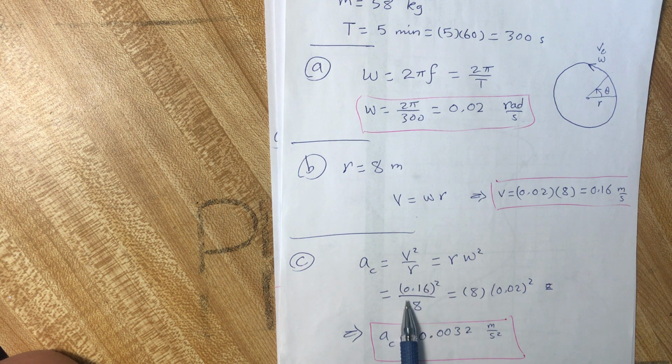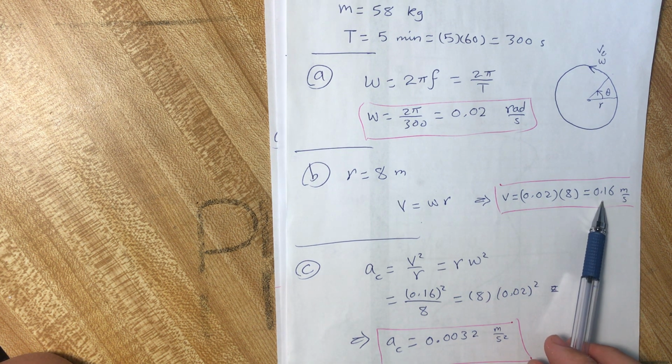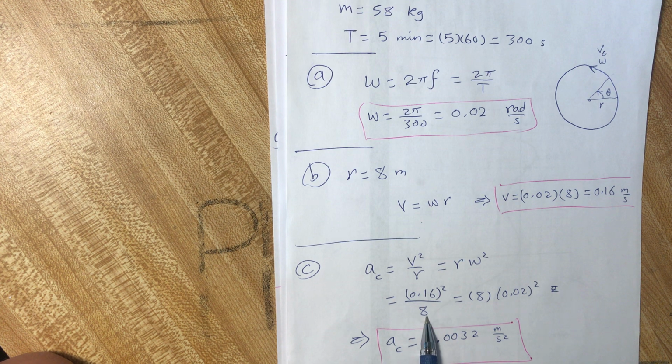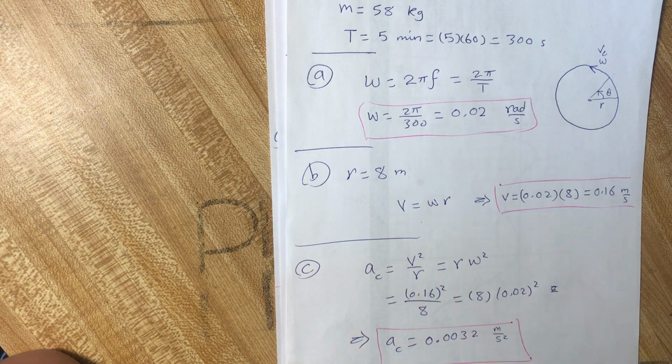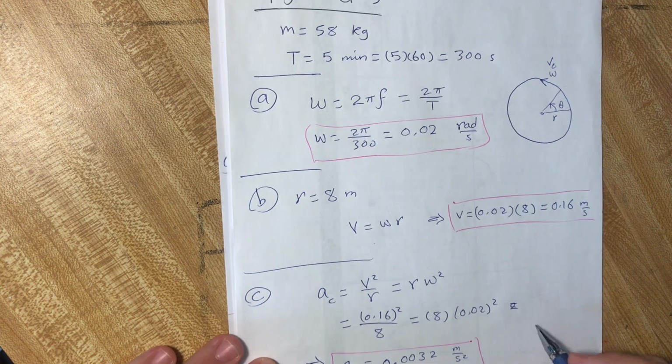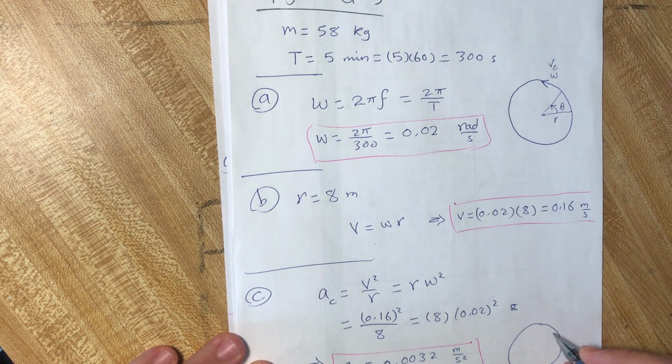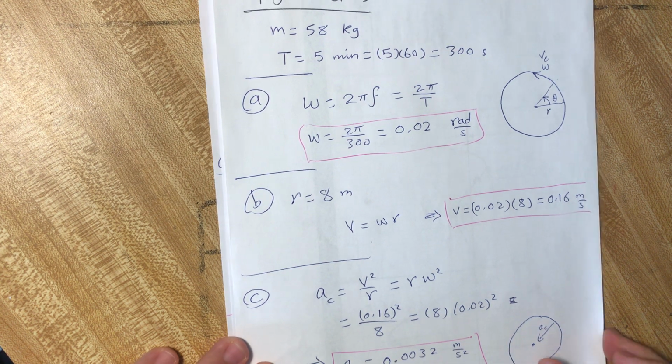By using the first one, it is 0.16, the tangential velocity squared over the radius, which is also equal to the radius multiplied by omega, which is 0.02 squared, which gives the same value, 0.0032 meters per squared second. This acceleration is toward the center, AC.